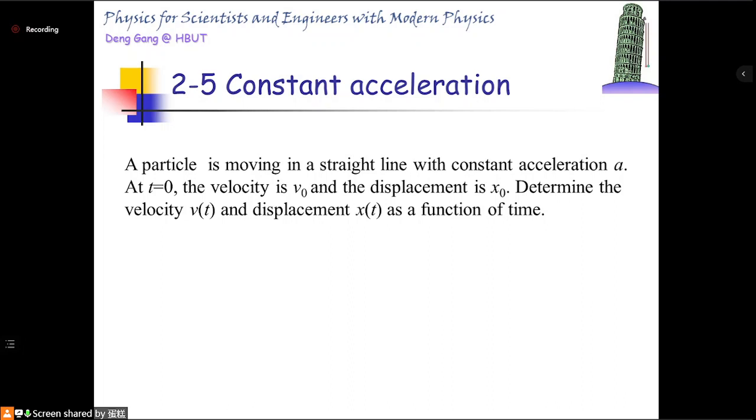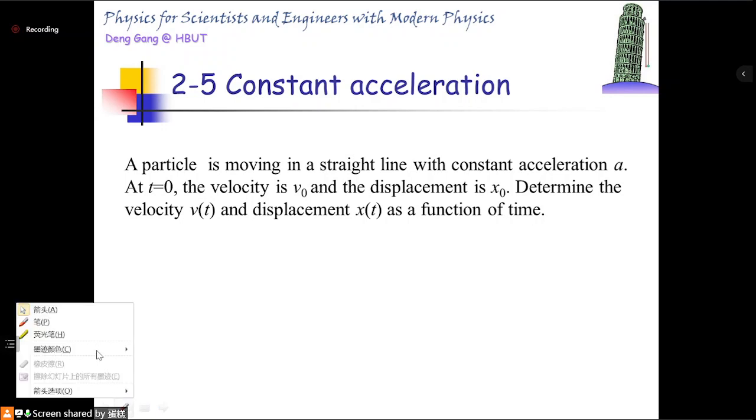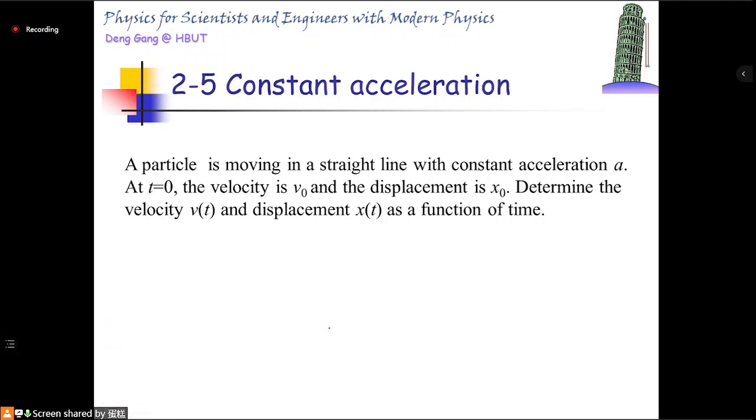That is very common in our life. So if we can determine v and x as a function of time, that would be a conclusion which is very useful for us. This one is different from previous ones, but we can start with the same equations.